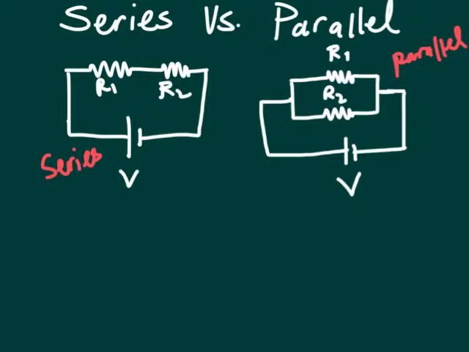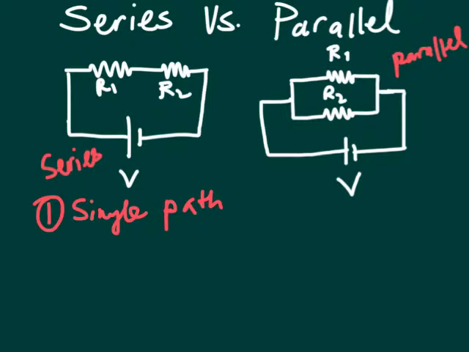So the first characteristic of a series circuit is single path. Okay, single conducting path from the positive terminal back to the negative terminal.